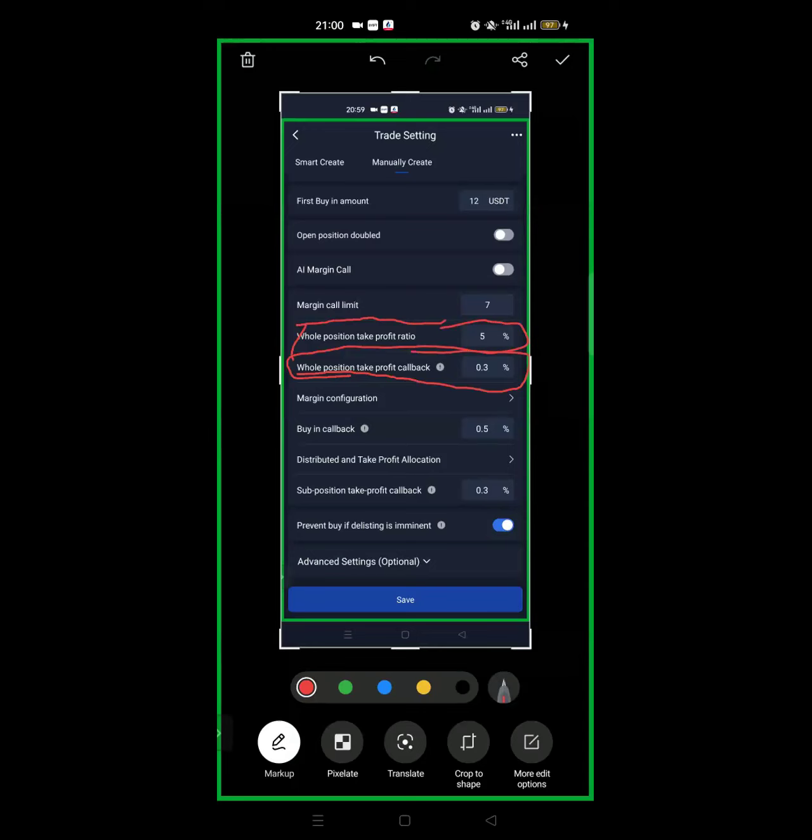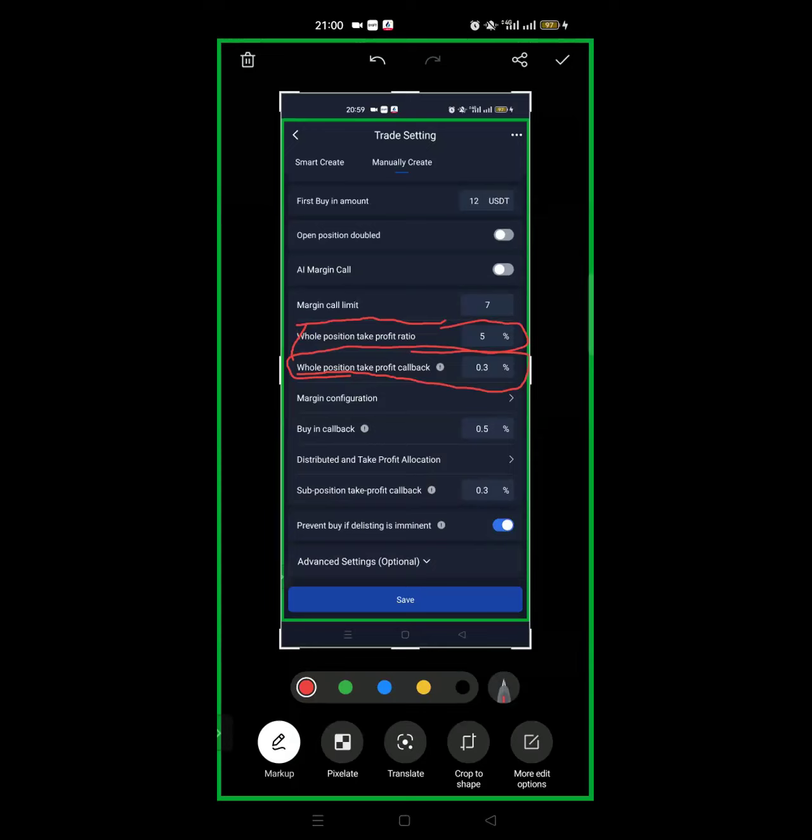So for example, this is how the callback function works. You see this coin I set at 5%. Let's say that coin is pumping very, very hard. It touched 5%.